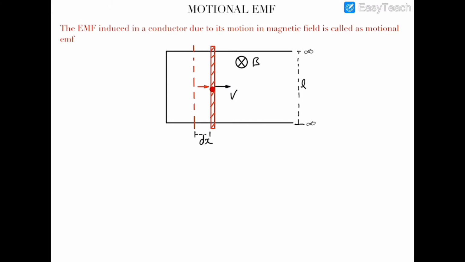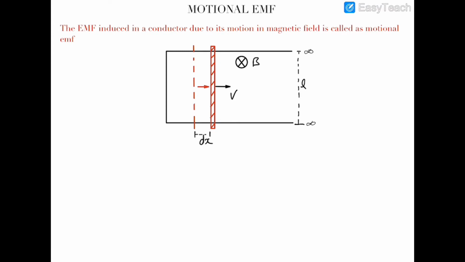And there is a conducting rod which is moving on this frame with a constant velocity v. This complete arrangement is placed in a magnetic field which is pointing inside the plane of the screen, and the separation between the rails, or I can say the length of the rod, is equal to L.